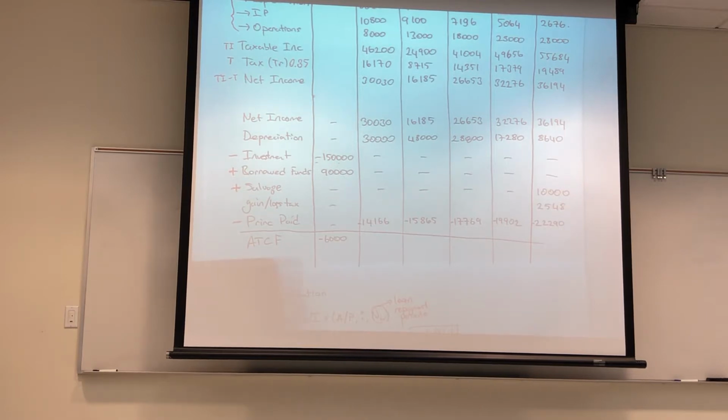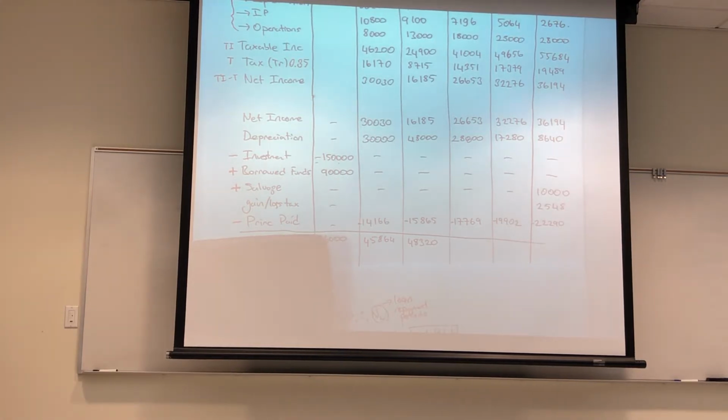30,030 plus 30,000 minus 14,166, 45,864. So 16,180 plus 48,000 minus 15,865, 48,320. 26,653 minus 28,800.